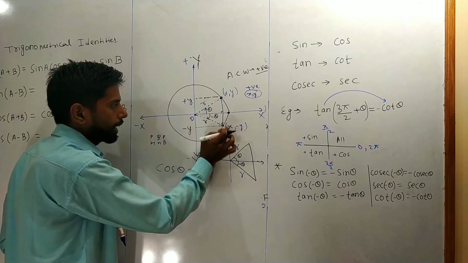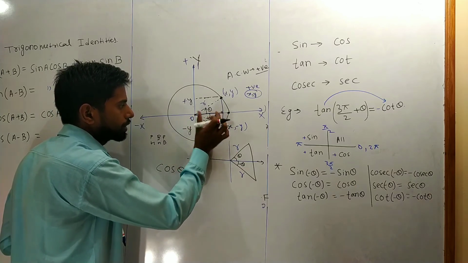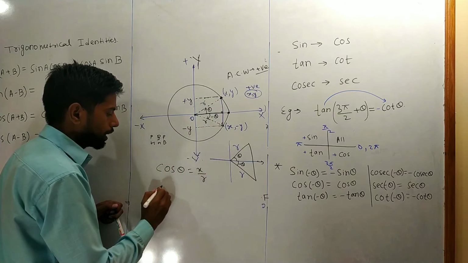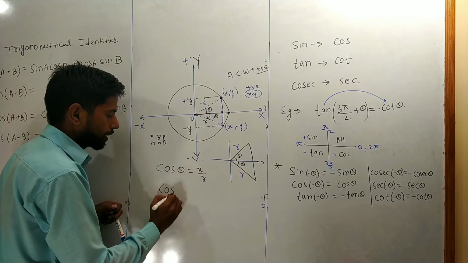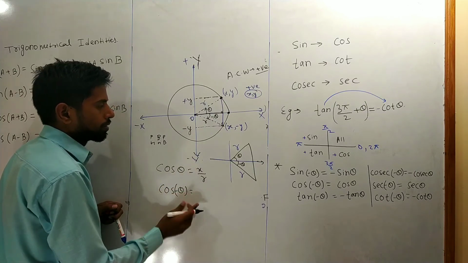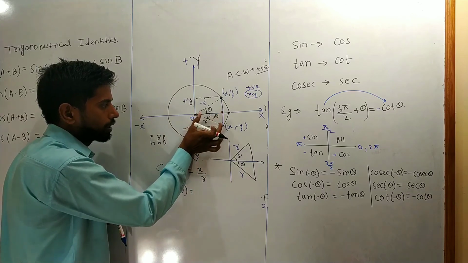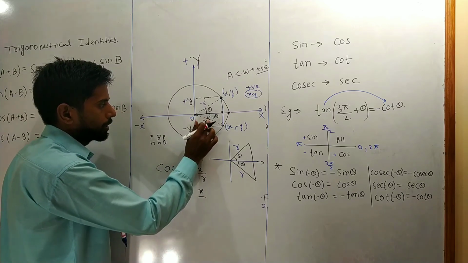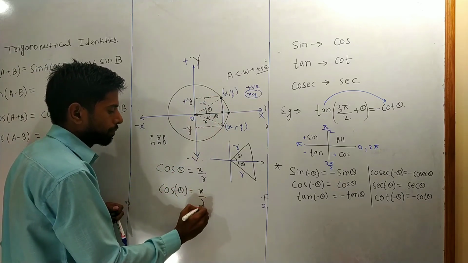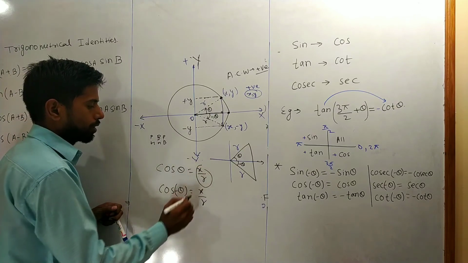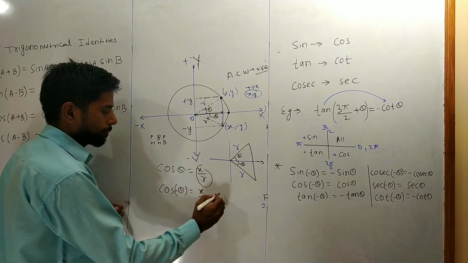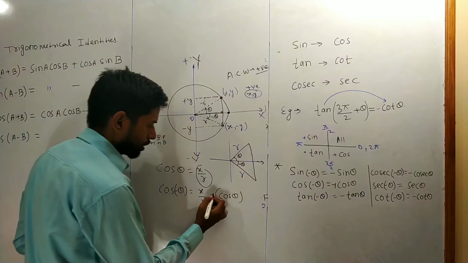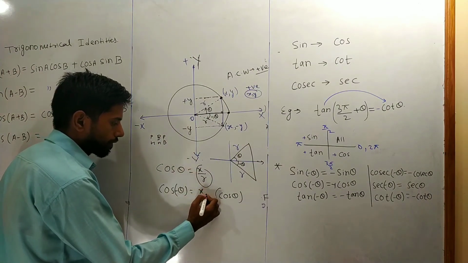This length is x, and the hypotenuse is r. Similarly, cos of minus theta: base upon hypotenuse, r is the same. The base is x and the hypotenuse is r, because this length and this length are the same. So here also we can write cos of minus theta is cos theta, because x by r is cos theta.